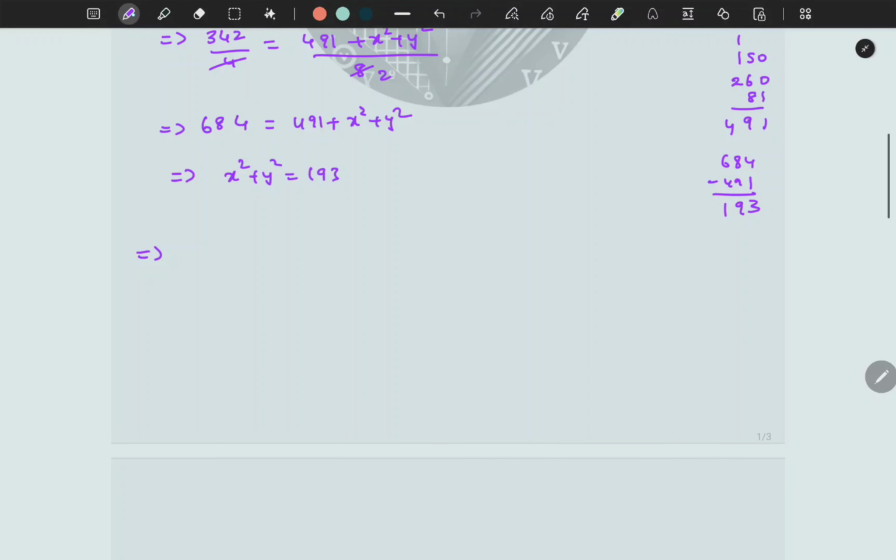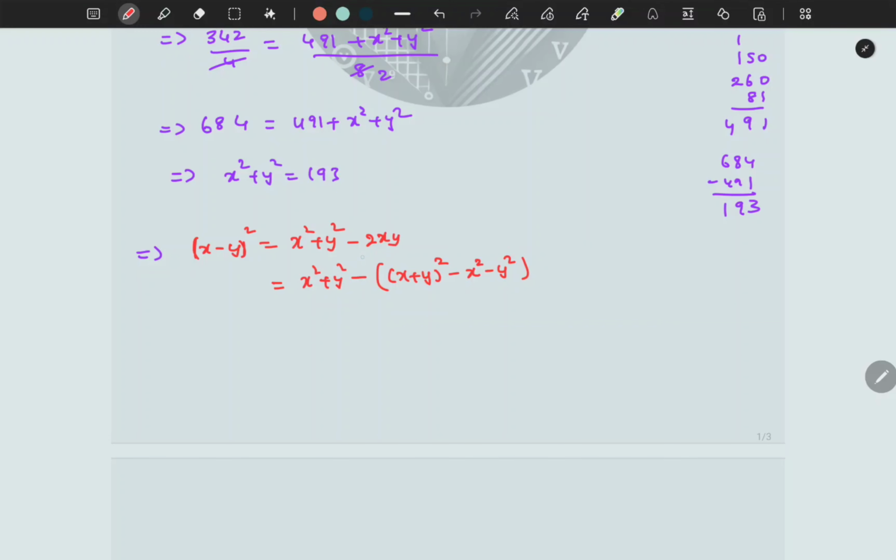So we'll do one thing. We'll find x minus y whole square, which will be x square plus y square minus 2xy. Instead of 2xy, we can write this as x plus y whole square minus x square minus y square.